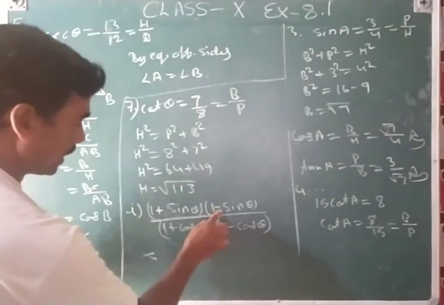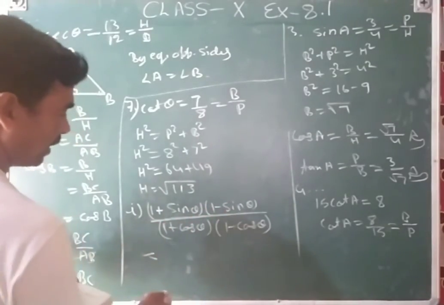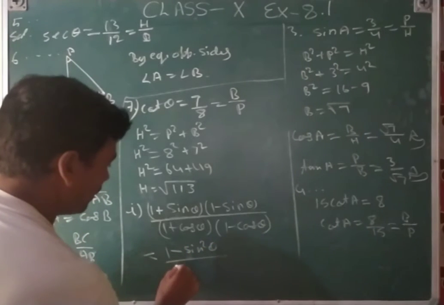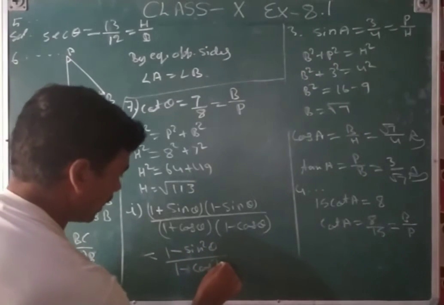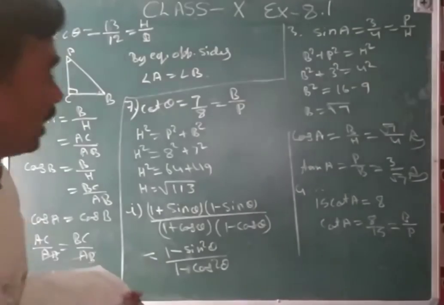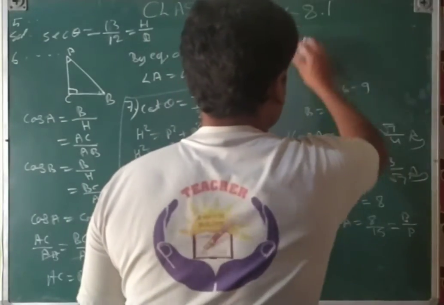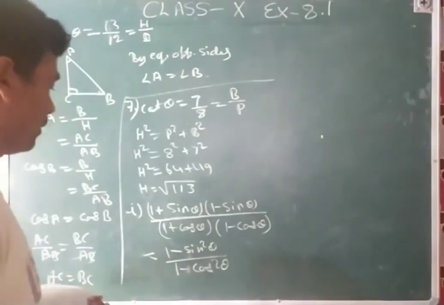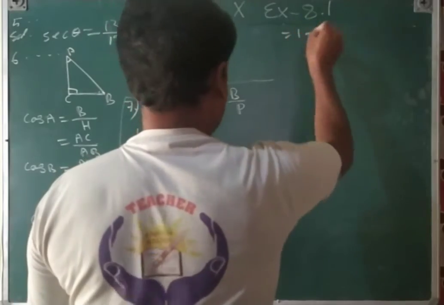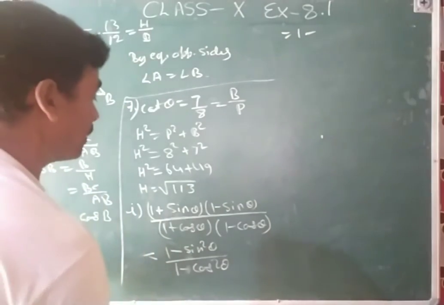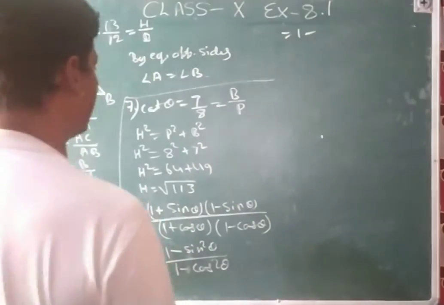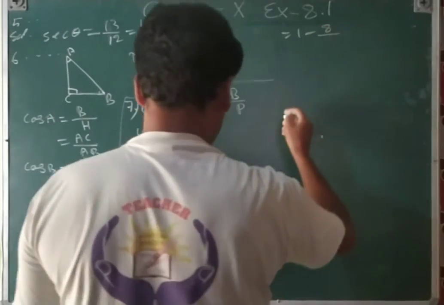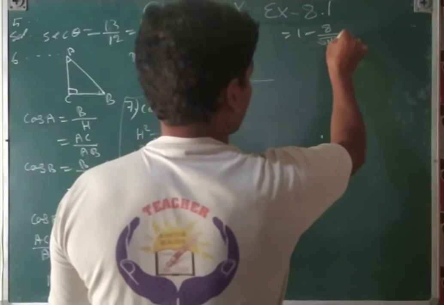By multiplying both brackets, a plus b and a minus b, by the identity, that will be 1 minus sin square theta upon 1 minus cos square theta. Then we place the values: sin means P upon H, so P is 8 upon H which is under root 113, squared.